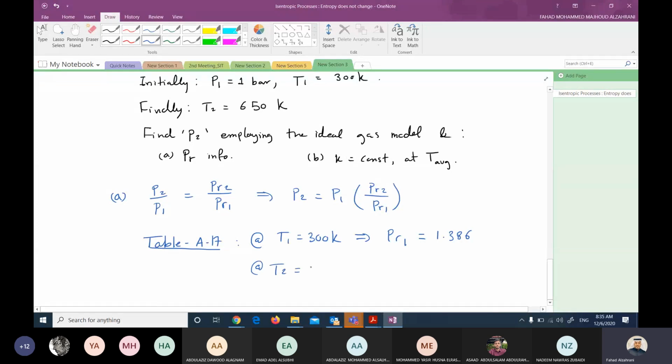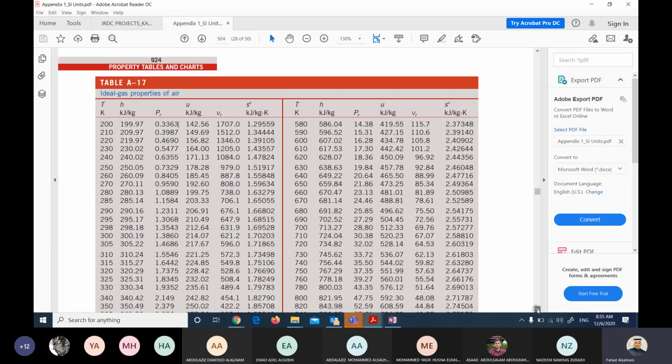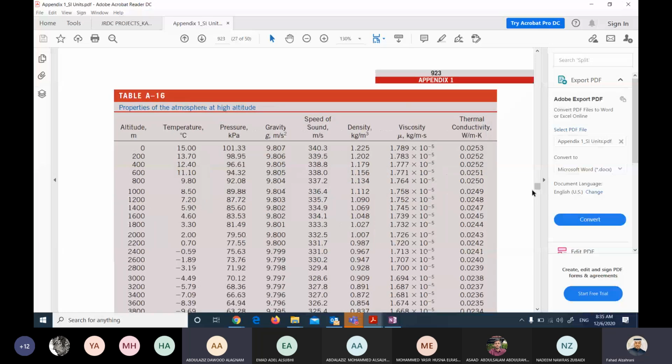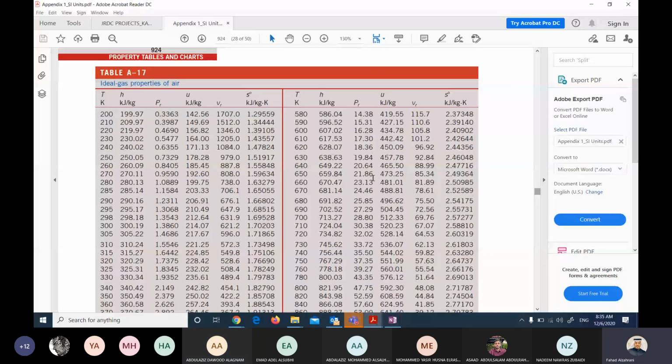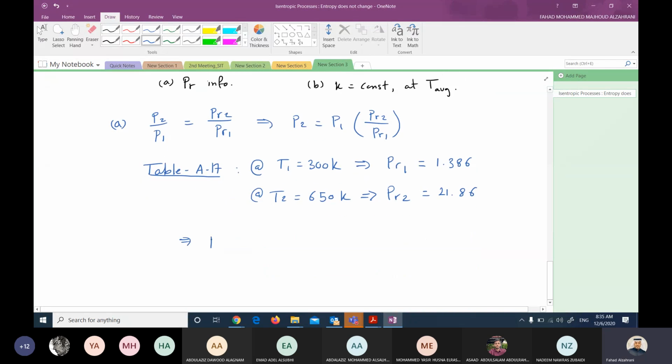What about T2, 650? PR2 is 21.86. That's it.